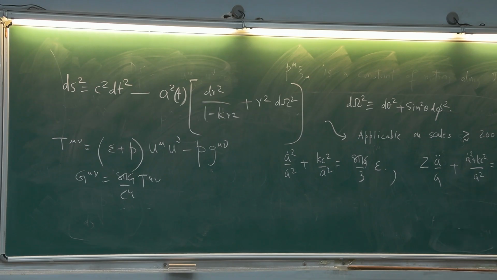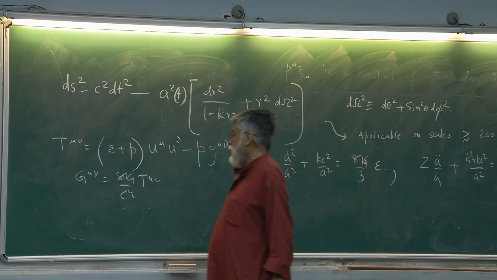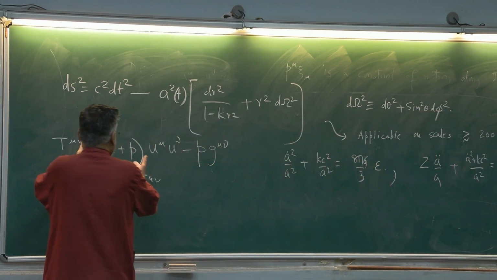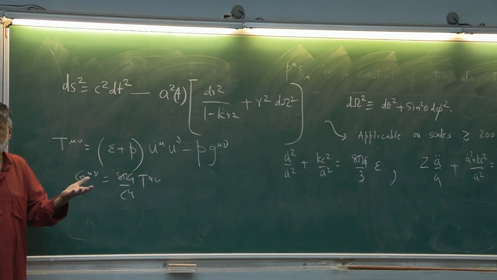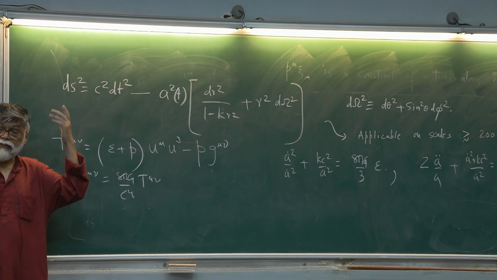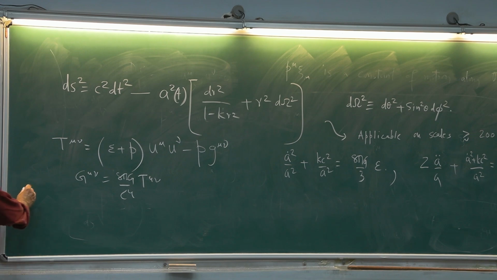Right, there are these 2 equations. Someone will say, oh, very good, from the Einstein equation you have got these equations. But the perfect fluid itself should satisfy its own equation, and its own equation is what? T mu nu semicolon nu equals 0.